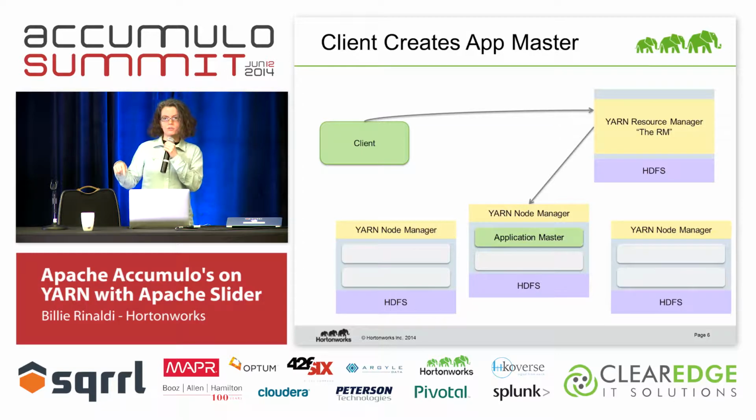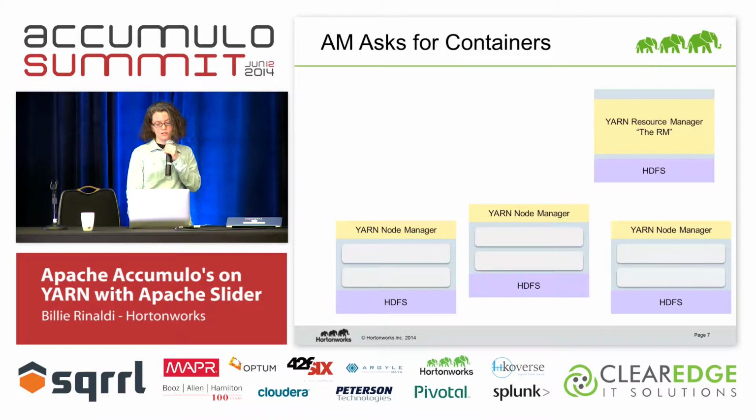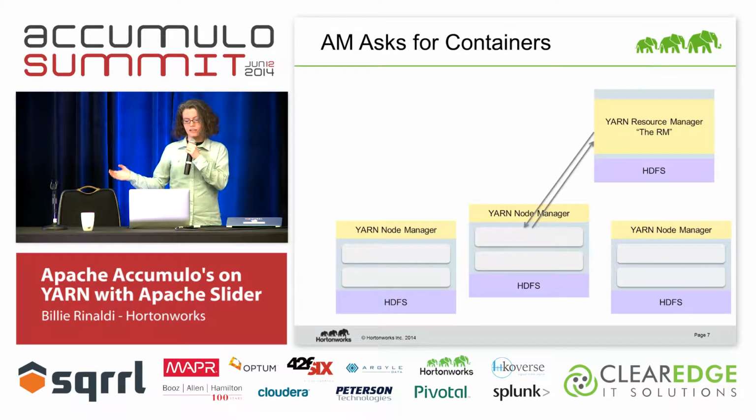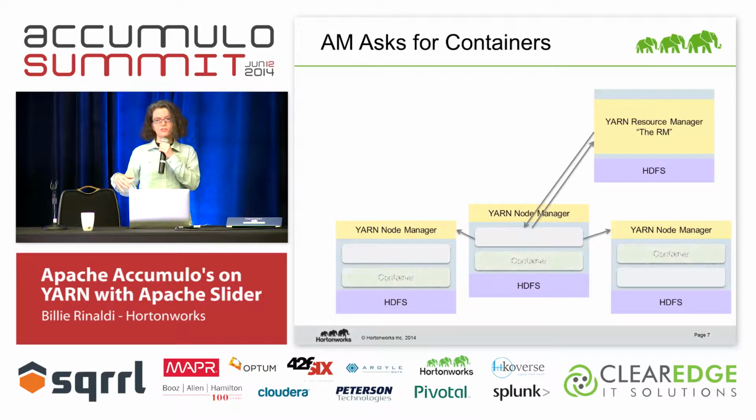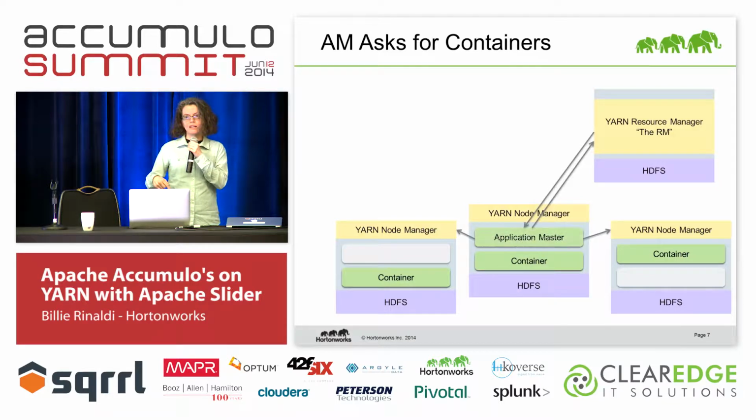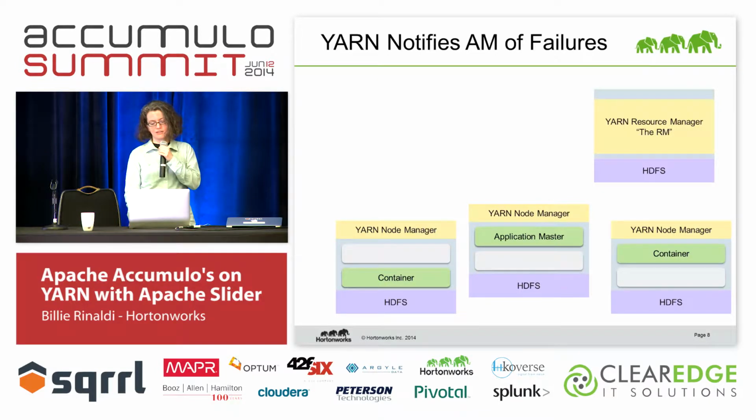It then talks to node managers, and through those node managers starts up the containers. If a container or an entire node manager goes down, the resource manager will find out about it. It will inform the app master, and then the app master can take action based on that, such as requesting a new container.